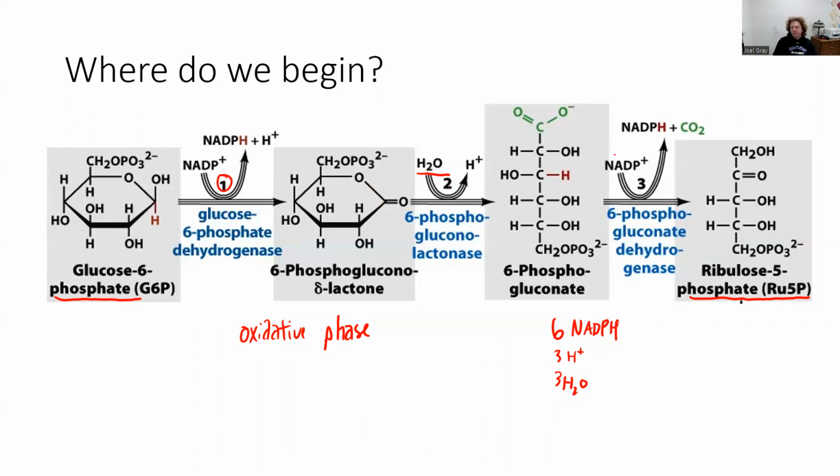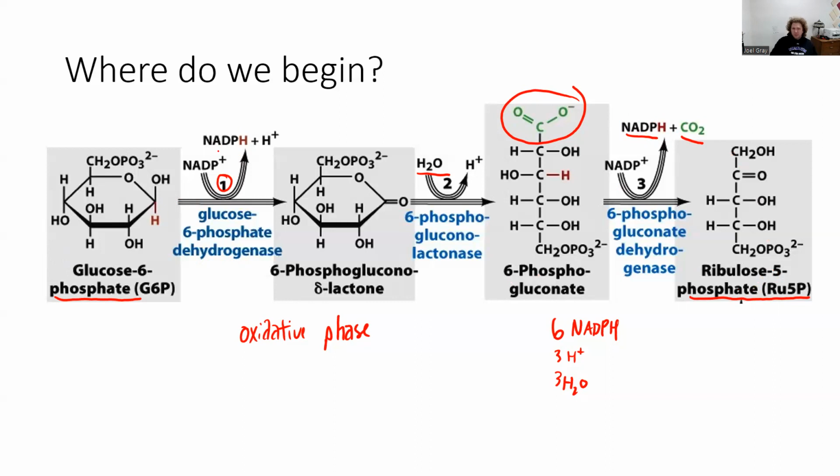Our third and final step in this oxidative phase, what we're doing is we're removing this CO2, and therefore we're going from a 6-carbon molecule, 6-phosphogluconate, to a 5-carbon molecule, ribulose 5-phosphate. So we're removing 1 carbon, and we're generating some more NADPH.